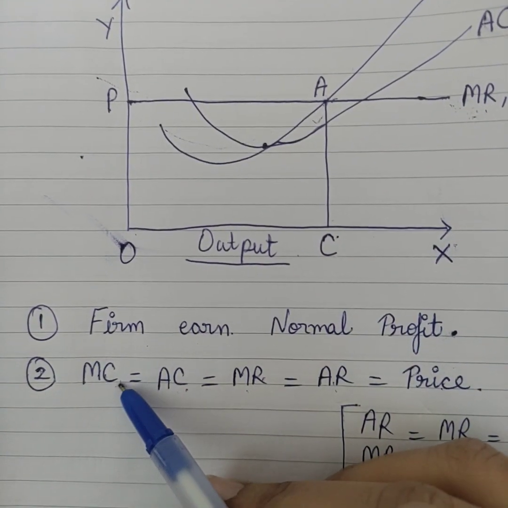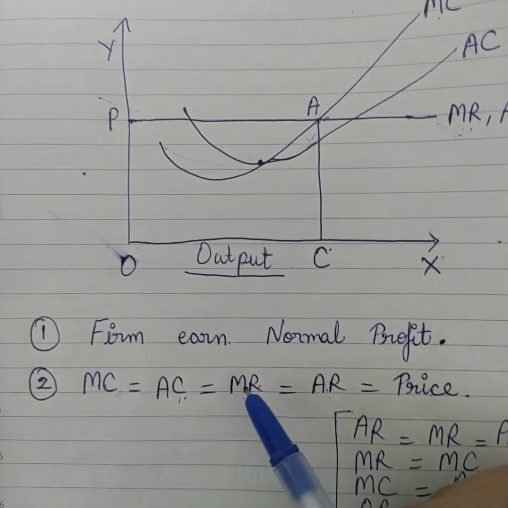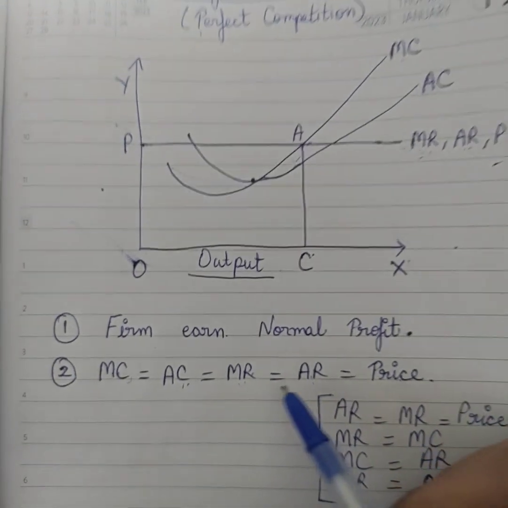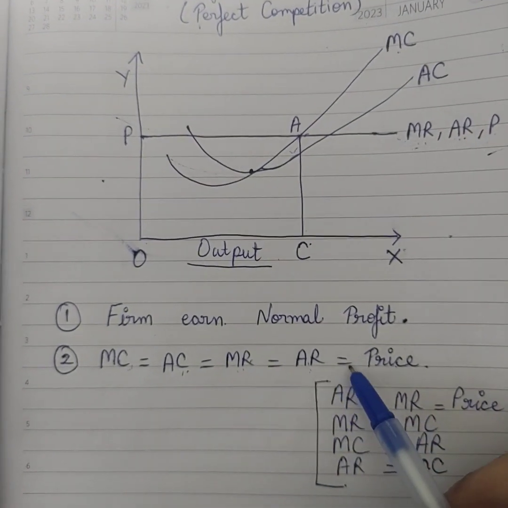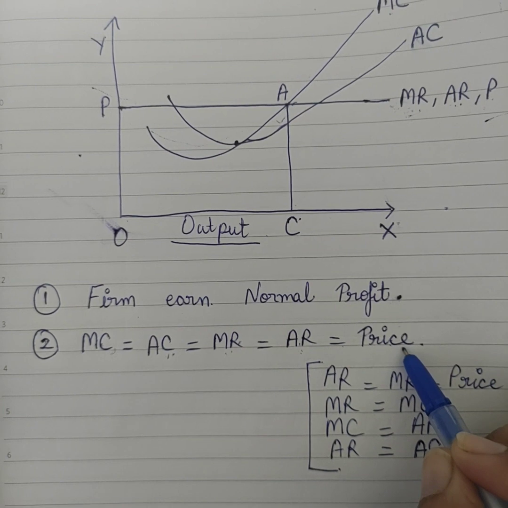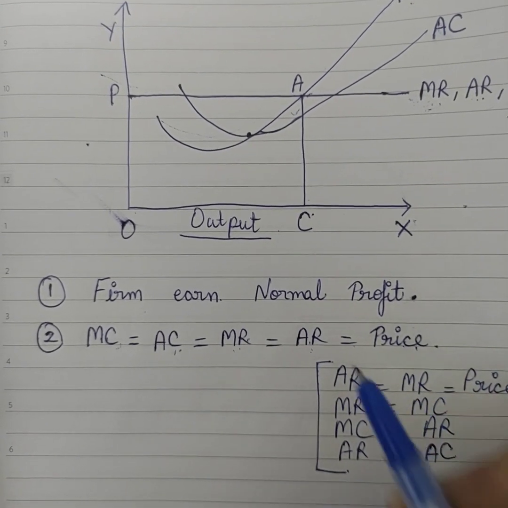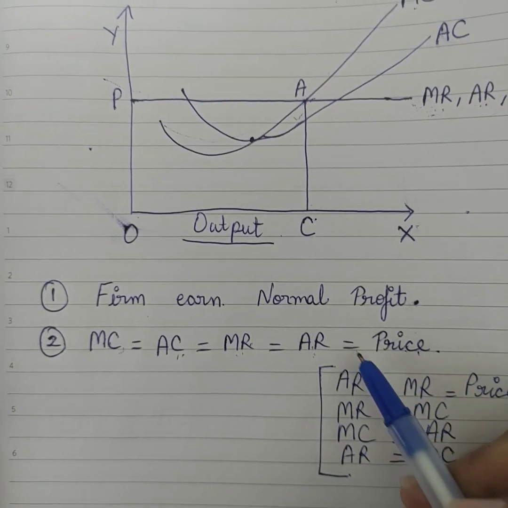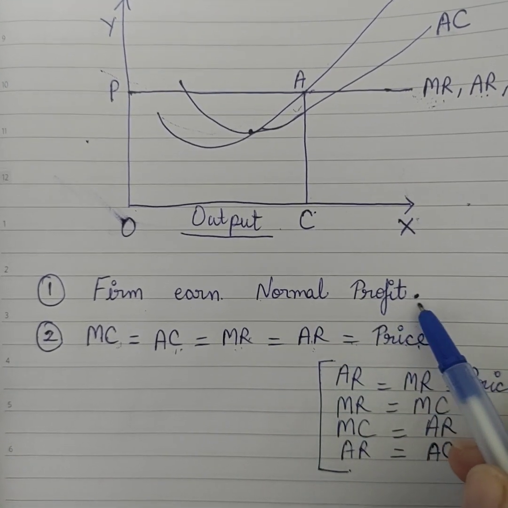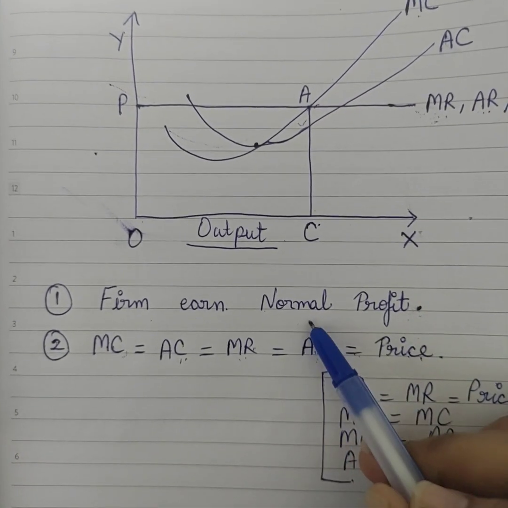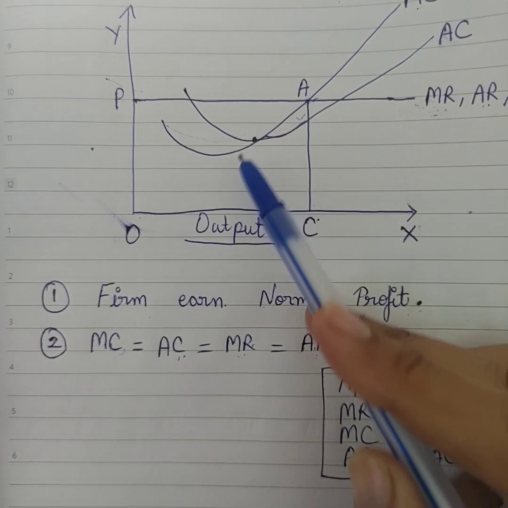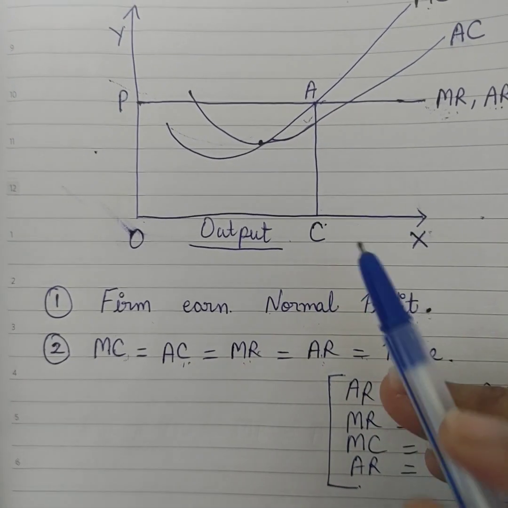So marginal cost is equal to average cost is equal to marginal revenue is equal to average revenue is equal to price. This is the condition where our firm earns normal profit in the long run.